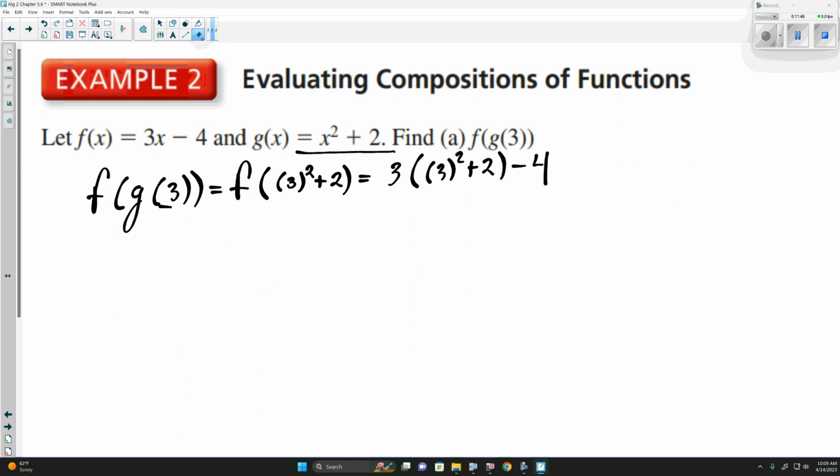There's nothing wrong with doing that, but I would just simplify what we have so far. At this point, we could do 3 squared plus 2 in a calculator. It would have no issue with that. We could do it by hand. Well, 3 squared is 9, and 9 plus 2 is 11.